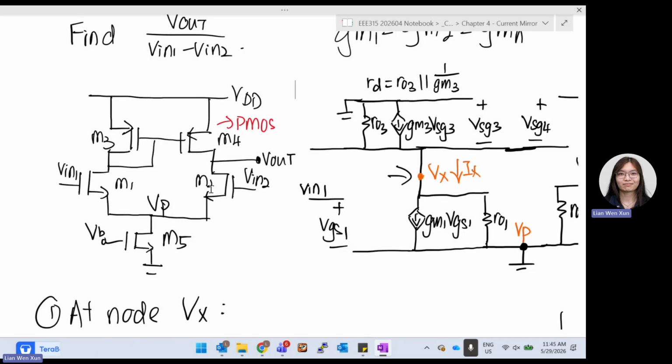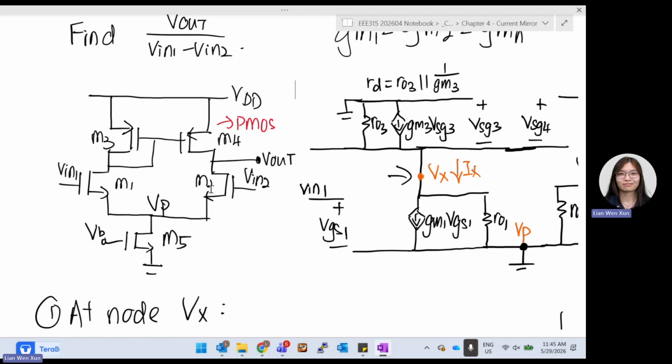Because here is your output basically. When we are seeing from drain to source now, because it's PMOS, it will be 1 over GM, and then this will be your R0 3. So this RD, we can model as 1 over GM3 parallel with R0 3. So we see this whole thing as a resistor, that is enough.